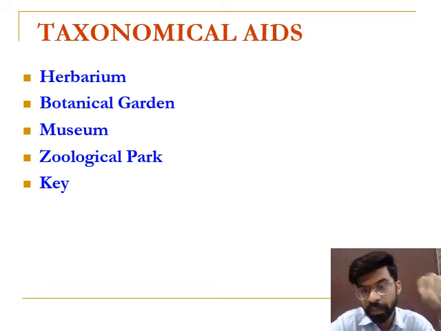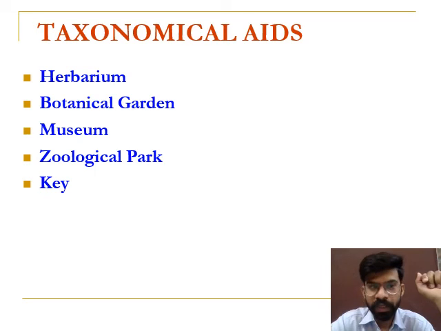Botanical gardens and herbariums are used to identify the plants present in different localities, and are used in schools and institutes, so that identification of plants can be easily and correctly done.